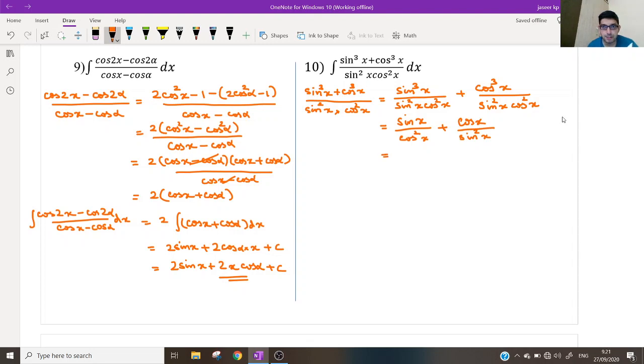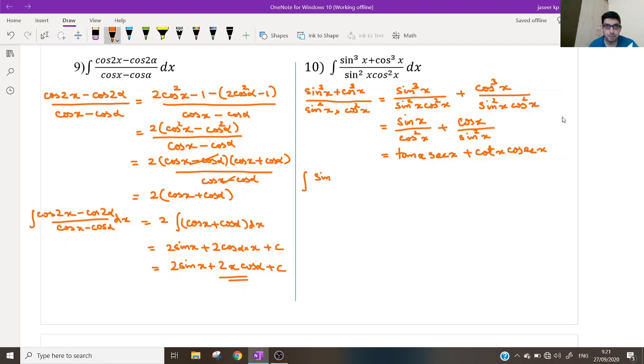Now sin x by cos square x can be written as sin x by cos x into 1 by cos x, which is nothing but tan x into secant x. Similarly, cos by sin is cot, so cot x into 1 by sin is cosecant x. So now let us integrate this.